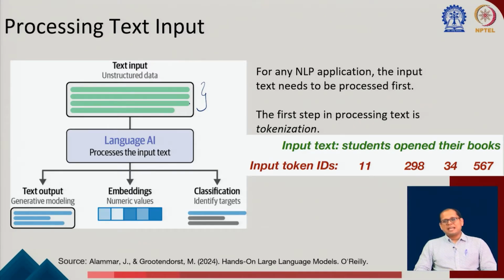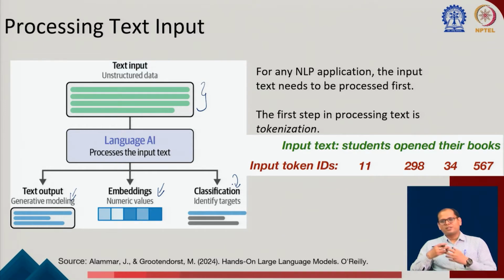Now, when a language AI has to process this text for various applications, like generation, translating, summarizing, producing embeddings for finding similarity, or classification, it has to first process this input text.